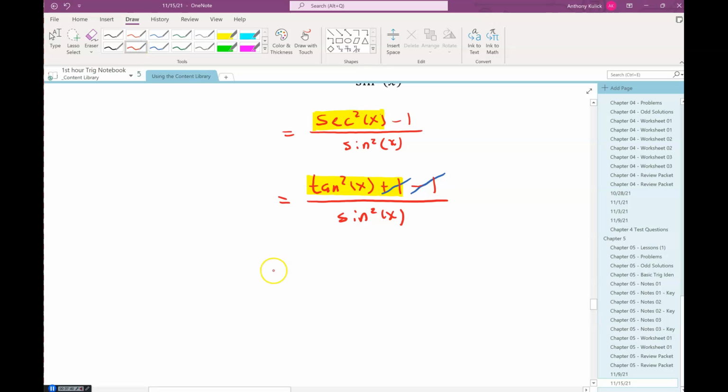So that gets us to tangent squared x over sine squared x, right? Which is good. Now we've gotten rid of the addition and subtraction going on. We're down to a single fraction. Can we do better than this?